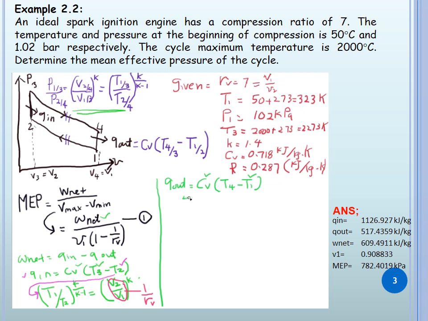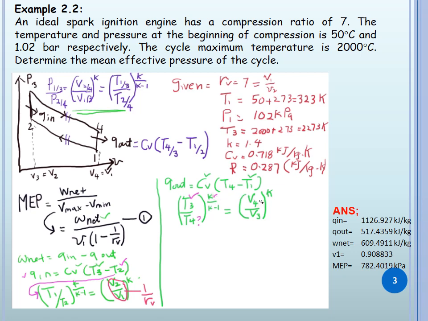T3 over T4 to the power of K minus 1 is equal to V4 over V3. T3 we already know, it's given. We want to find T4. K we already know.